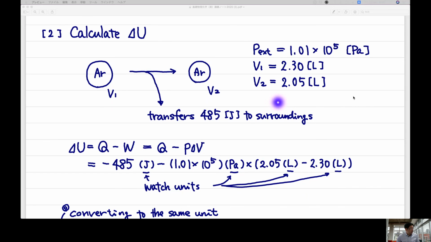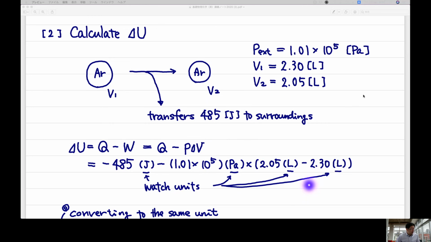Okay, Q equals minus 485 joule. 485 joule to surrounding; to surrounding means the minus. Okay, and the work can be estimated by the pressure times the change of volume.